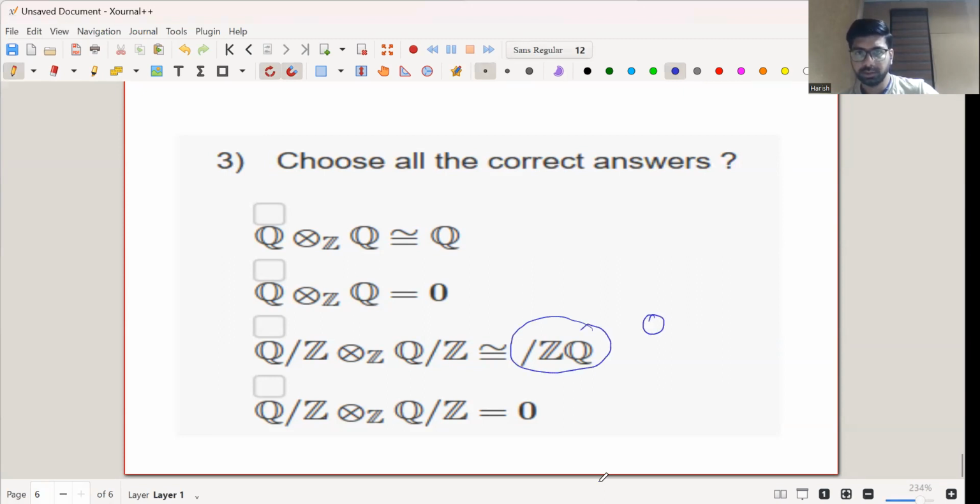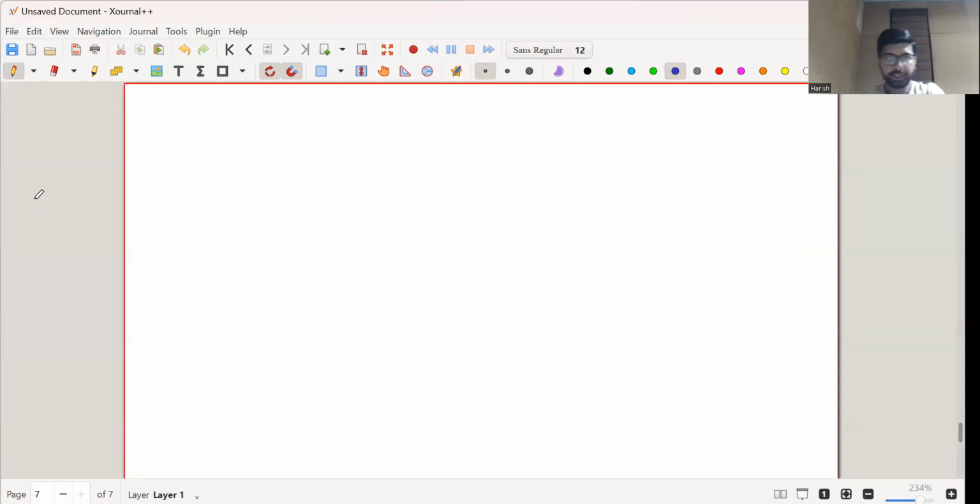This is Q modulo Z. Okay. So we have to again solve two tensor products and then see which options are matching. So let us first consider this Q tensor with Q thing. So for A and B, I'm not writing there the numbering, it's obvious, right? The first options are A and then B.